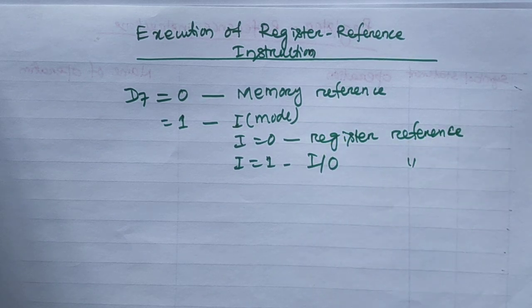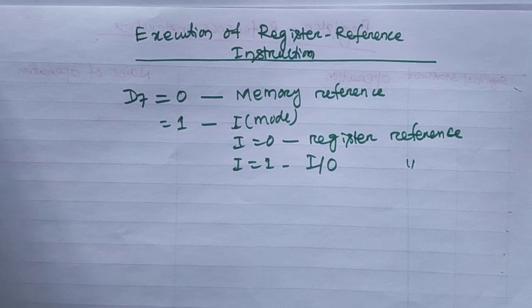In the last class I already told you about the flow chart of execution of the instruction cycle. Based on different time slots, the phases of the instruction need to be completed. Like T0 we fetch the instruction, T1 then something, T2 is decoding, and T3 is execution.